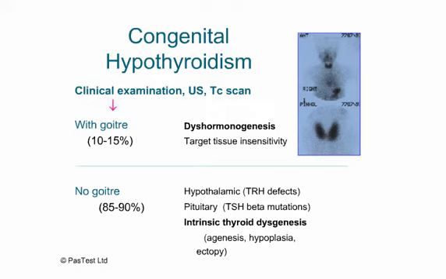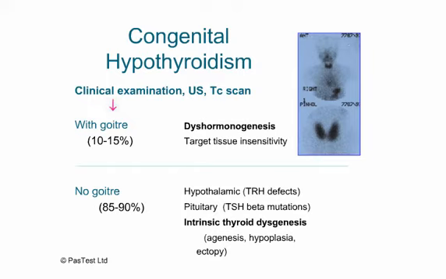The most common cause of those without a goiter is either dysplasia or dysgenesis. Rarely, hypothalamic or pituitary defects, i.e. central defects, may cause congenital hypothyroidism. In this case, serum TSH levels may be low or normal.